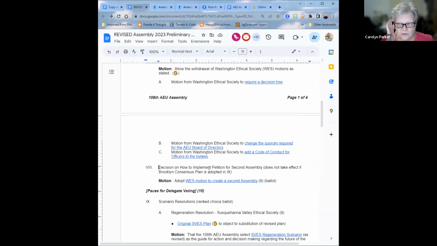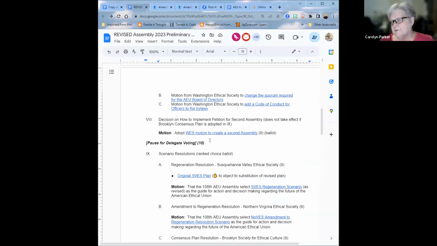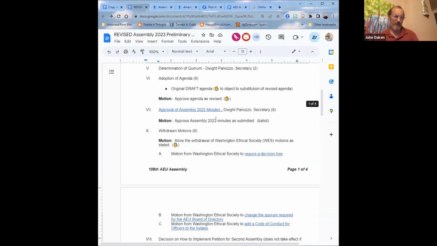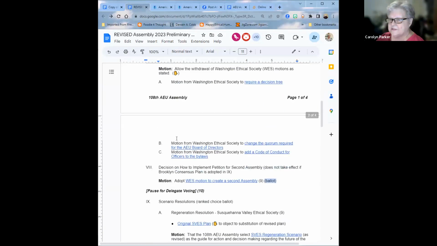Yeah, thanks for pointing out my confusion. So Roman numeral 8, is that part of a ranked choice vote, or is it a standalone? No, it's a separate vote. It's going to be a vote by ballot. Thanks for the clarification. I apologize for the misnumbering. We did this late this afternoon to get it back in there.